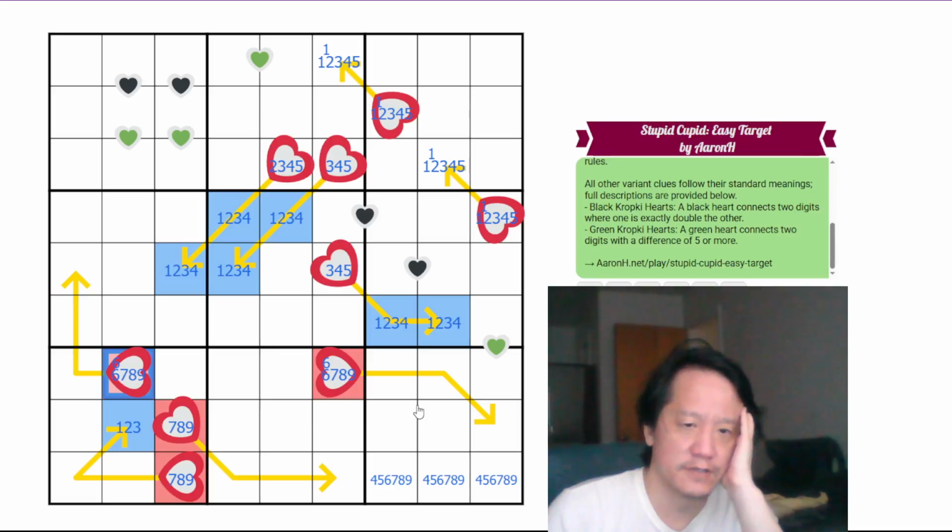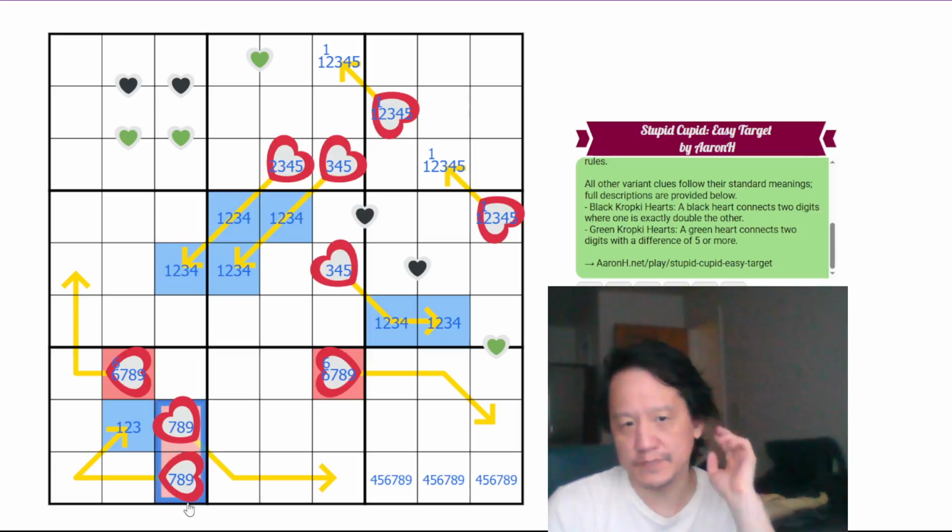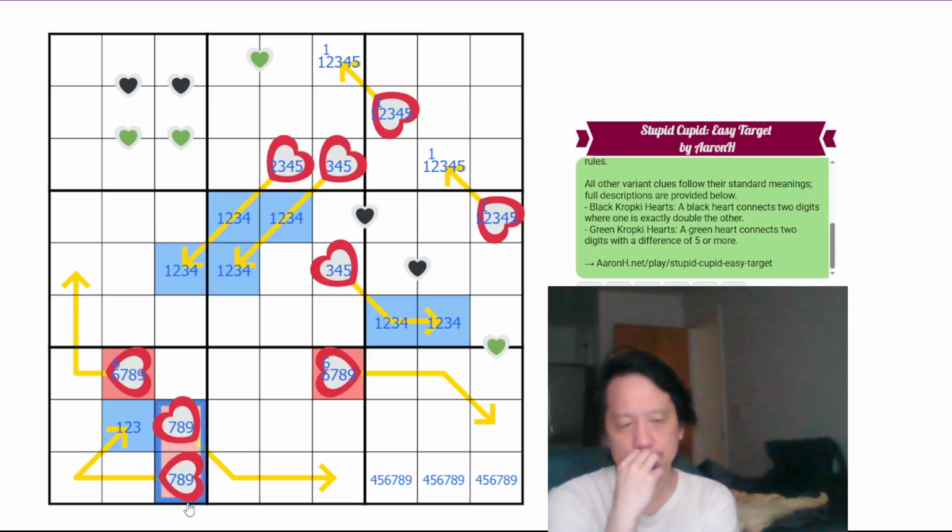If that's the case, what does it tell us? We know these 2 digits. What else do we know?